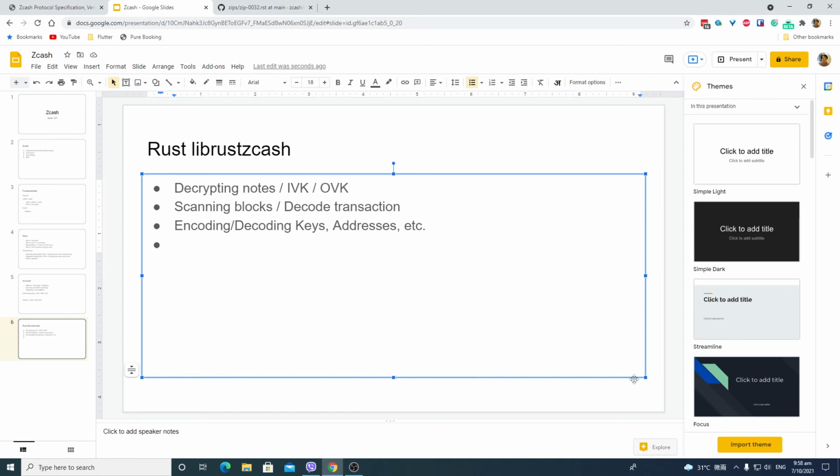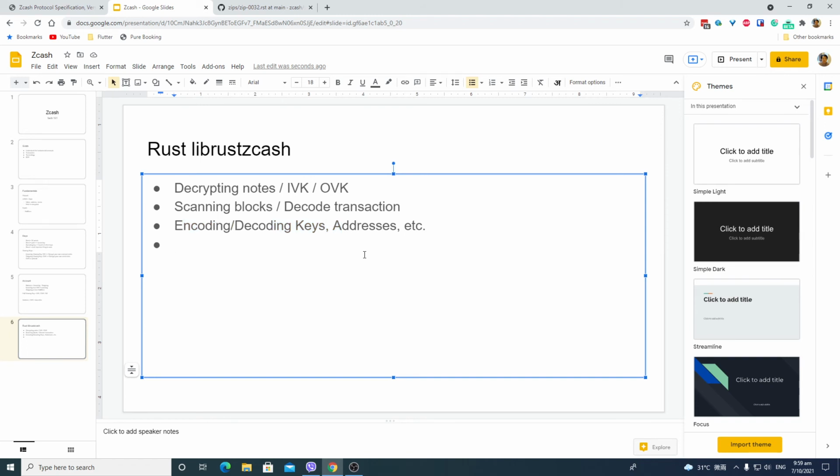Internally, it's going to be either a point or a scalar, stuff that is related to the cryptography model. But the library helps you go back and forth between text form and that form.